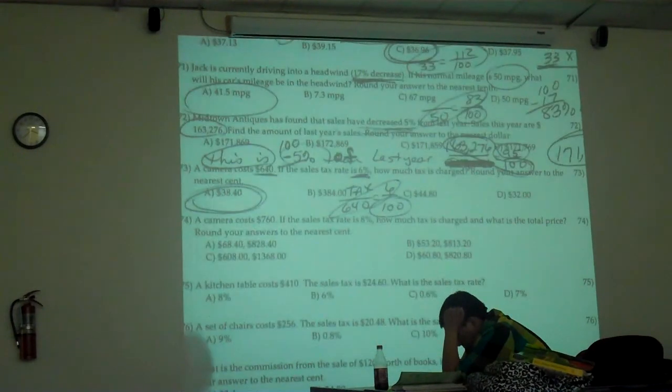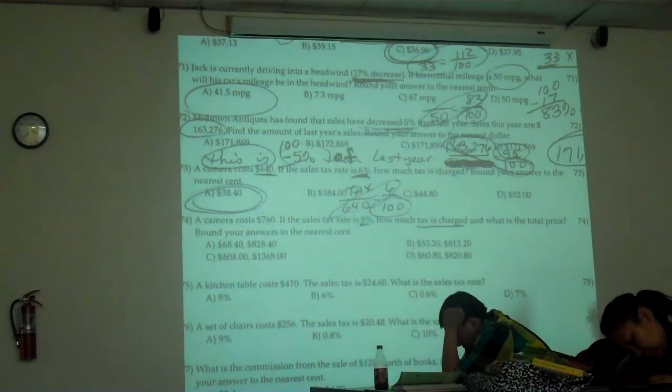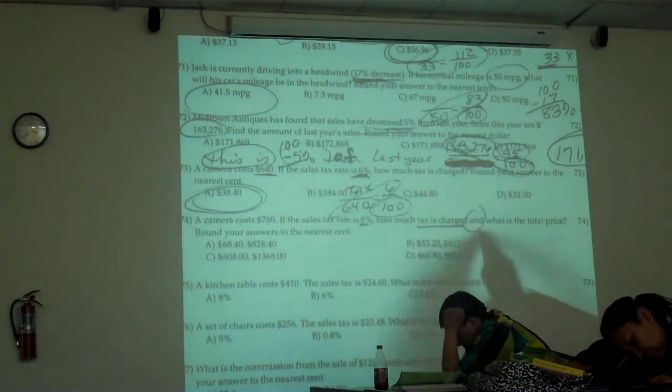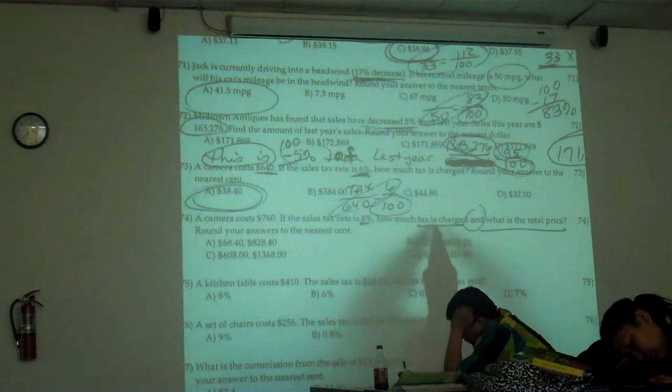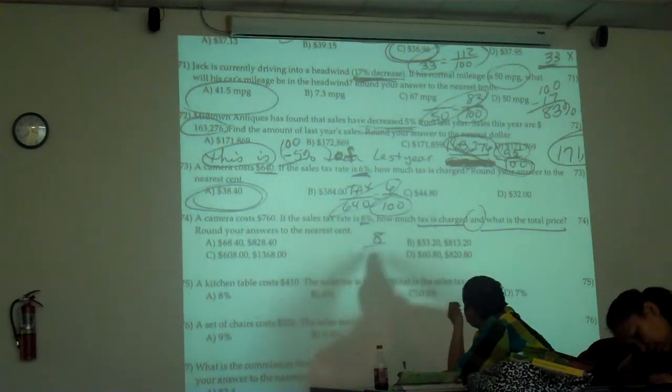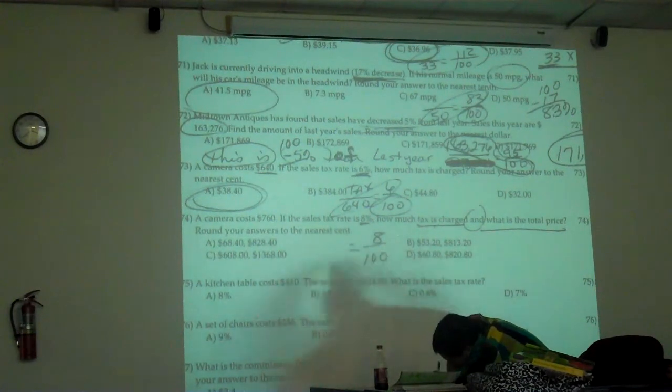Okay, now number 74, a camera costs $760, tax is 8%. How much tax is charged and what is the total price? So read what it's asking you to give them. You have to find the tax of 8% of 760.